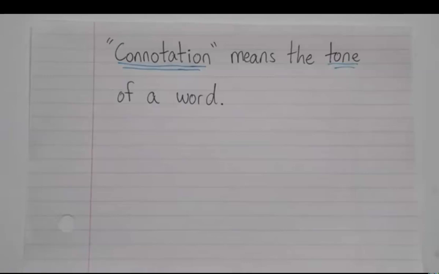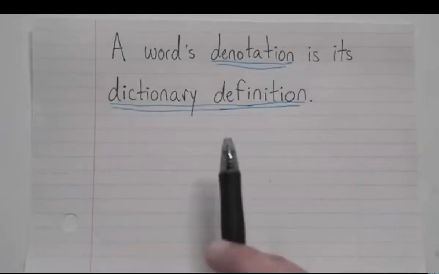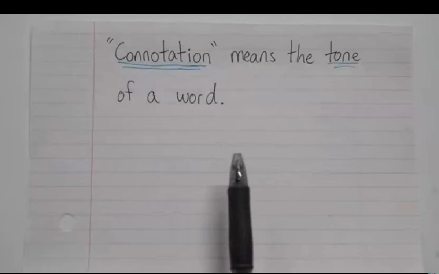So once again, the denotation of a word is simply that word's dictionary definition. So just think, dictionary starts with the letter D, definition starts with the letter D, and denotation starts with the letter D. So it should be pretty easy to remember. Denotation equals dictionary definition.